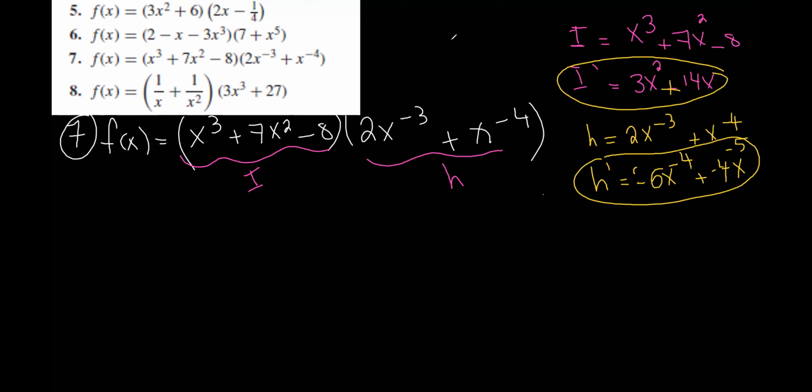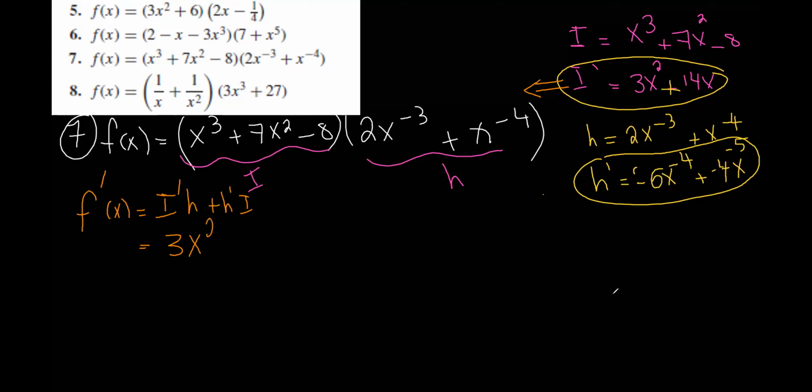Now, after that, it is I prime h plus h prime I. Where is I prime? It is this one: 3x squared plus 14x, times 2x to the negative 3 plus x to the negative 4.